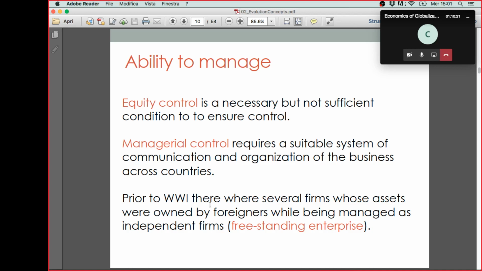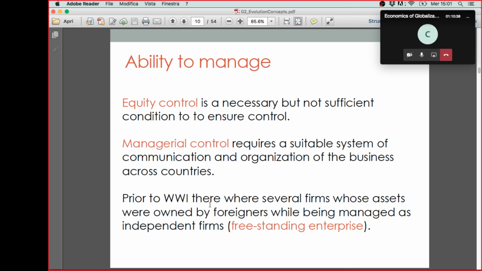In particular, there is another definition used in the literature: these companies can be better defined as freestanding enterprises. They were basically enterprises operated by US managers. The US managers were making and taking the most relevant decisions, but the owners of the company were, for the largest part, from the UK.